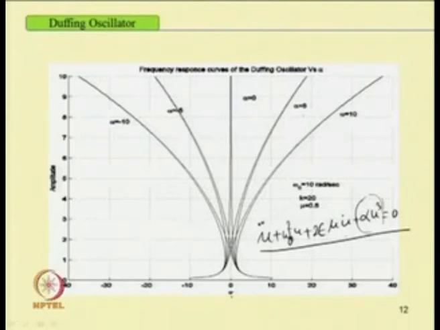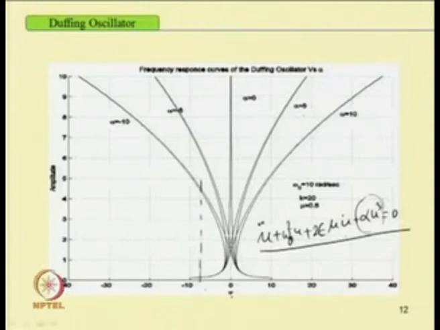So, after getting this response curve, one will be interested to know what will happen to the system if it is working at a working frequency, let us take the working frequency corresponding to this detuning parameter.